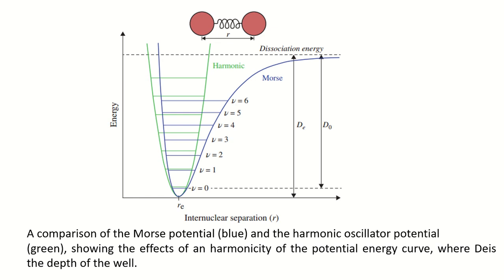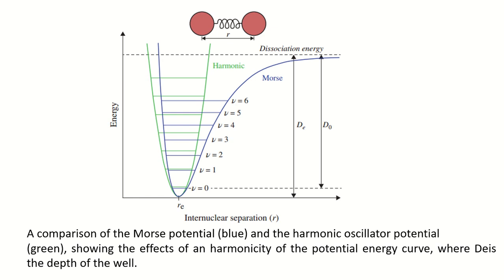Therefore, an asymmetrical potential energy curve given by a Morse potential is often used to calculate the quantum mechanical energy levels for molecular vibrations, which are shown in this diagram.